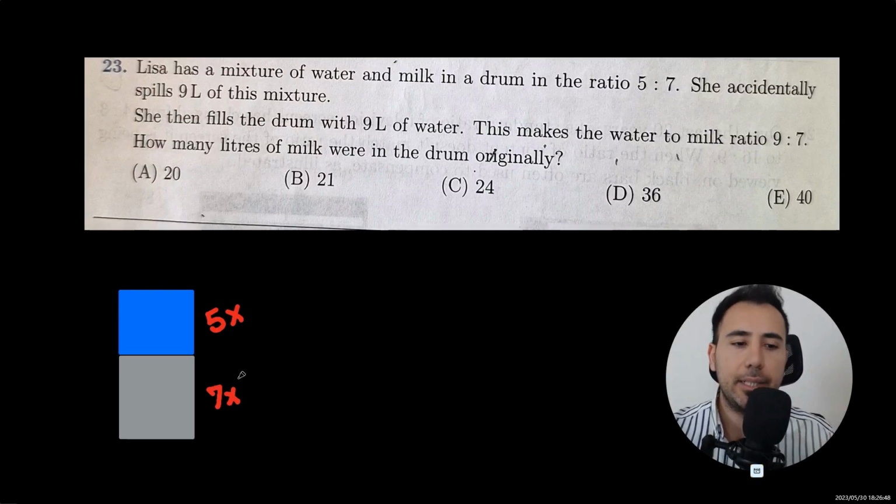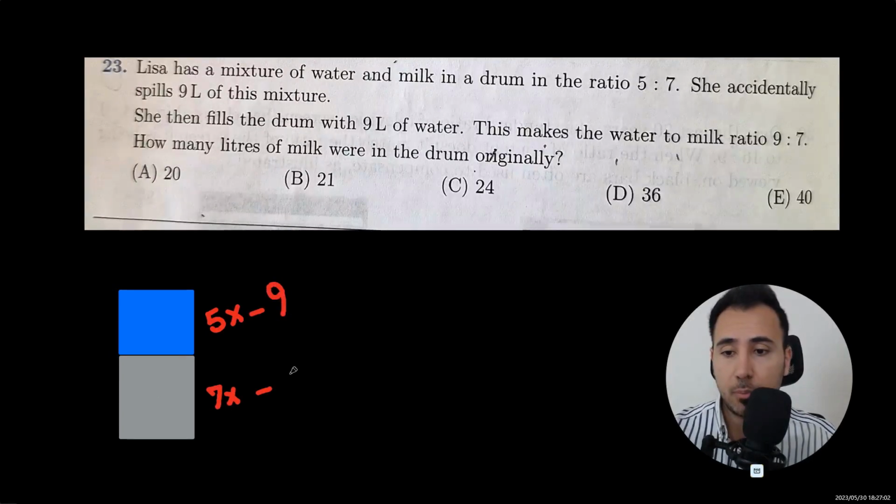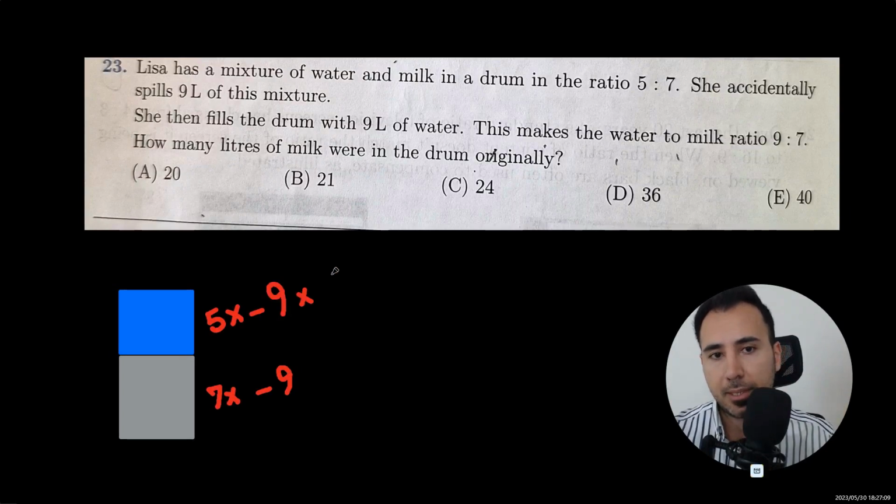And then 9 liters go out. Because we have more milk, more milk than water is going to spill out. So both together are 9 liters, but a part of the 9 liters. So 5 over 12 of it, water, is going to get out. 12 is coming from 5 plus 7.